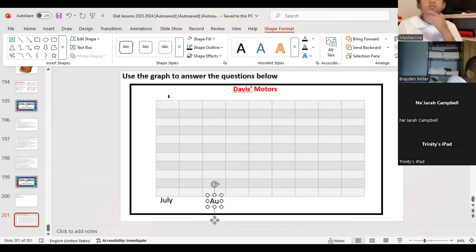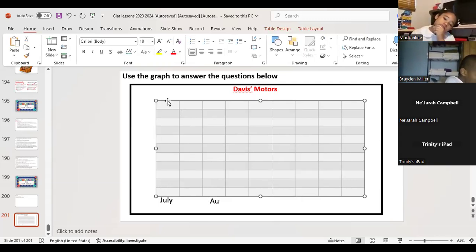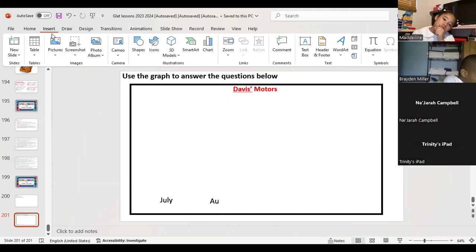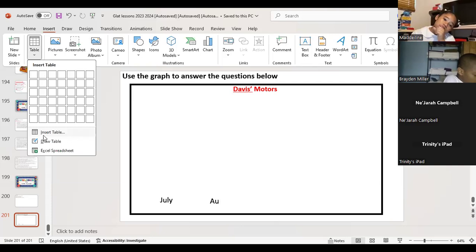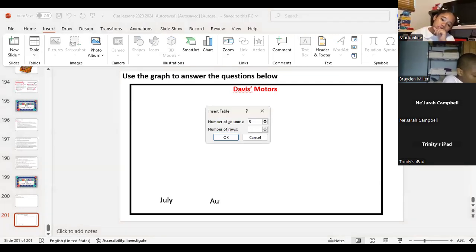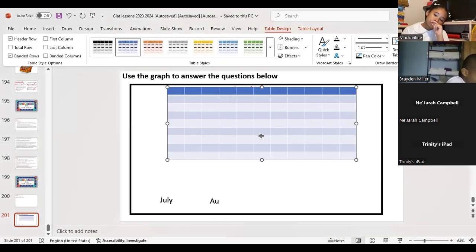Let me insert the table again. It's supposed to have 9 rows and 11 columns.